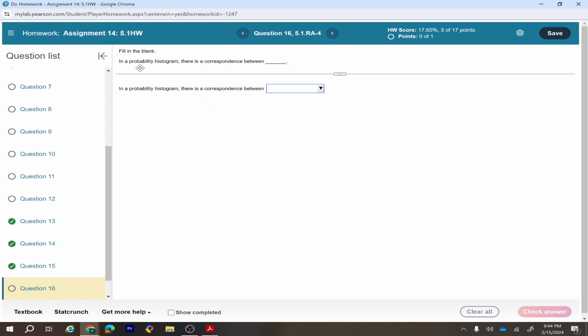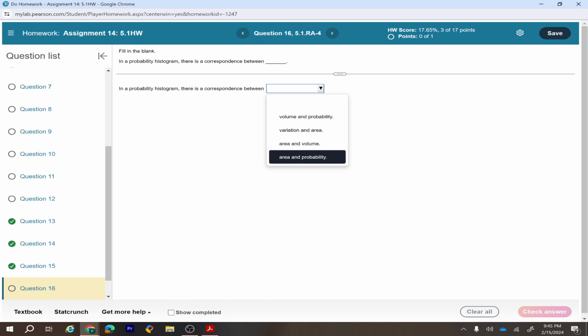In a probability histogram, there is a correspondence between what? Variation and volume, variation and area, area and volume, or area and probability?